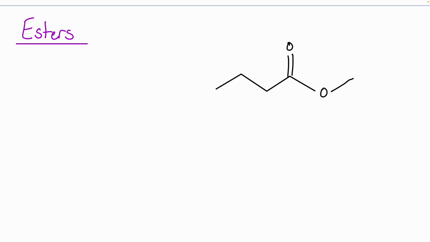Esters. Esters have these two parts to them, right? Because you necessarily have this oxygen that has some amount of other carbons on the other side.